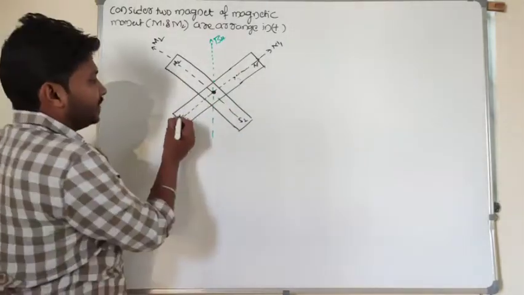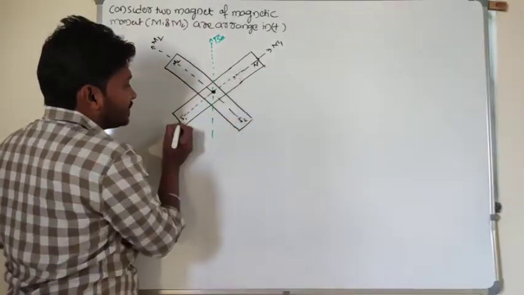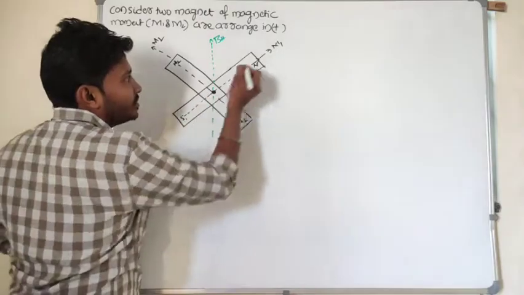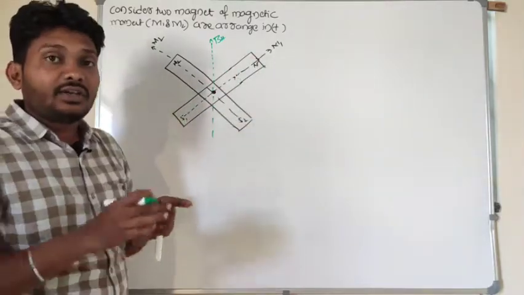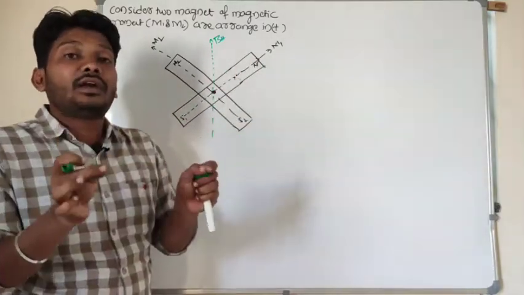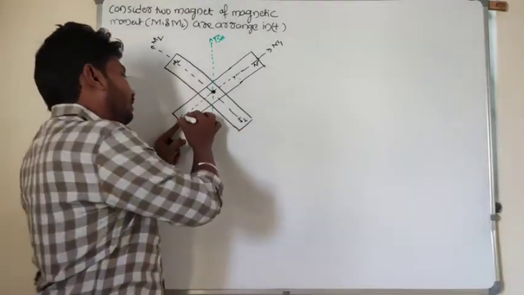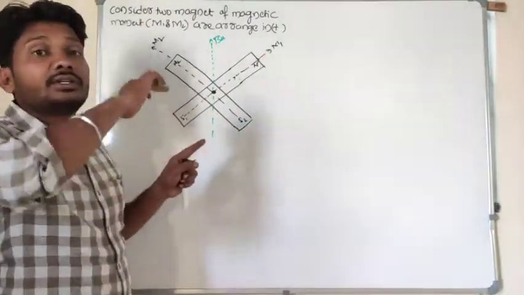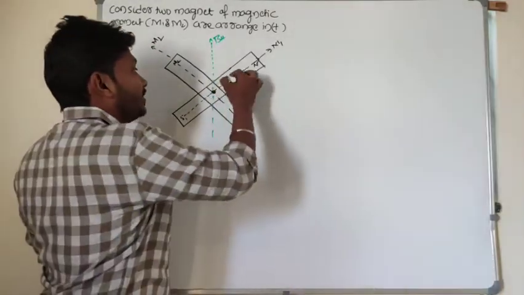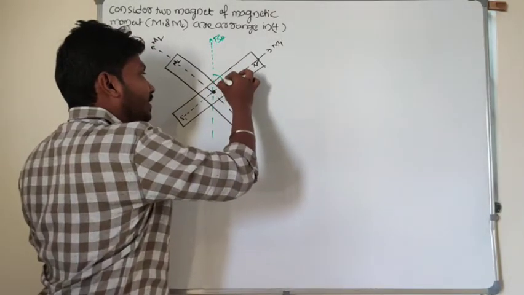This dotted line indicates an imaginary line starting from south and ending at north direction. That imaginary line we can call the magnetic meridian.